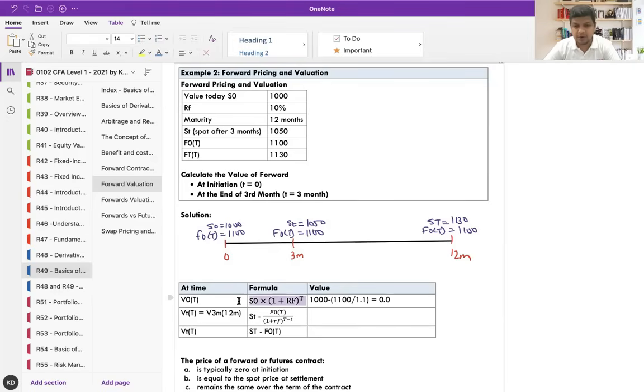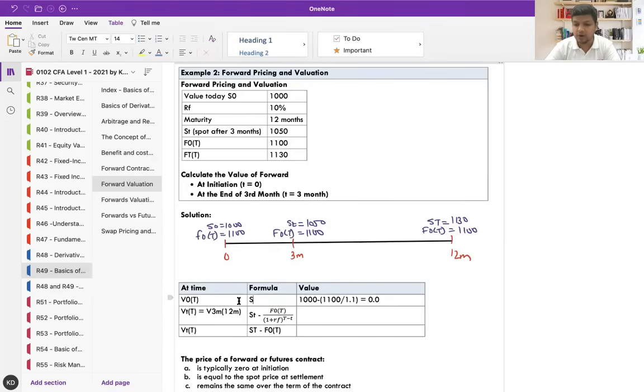Are you getting my point? So I'll just change the formula here. It is S0 minus the present value of the future price, which is nothing but F0T divided by 1 plus the risk-free rate. Clear? Now, why is it 0? Because if you enter into the contract right now and immediately sell it, will you get anything?